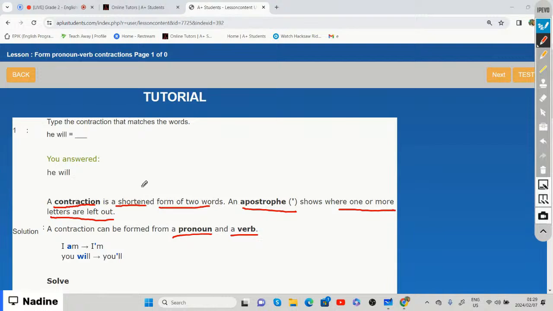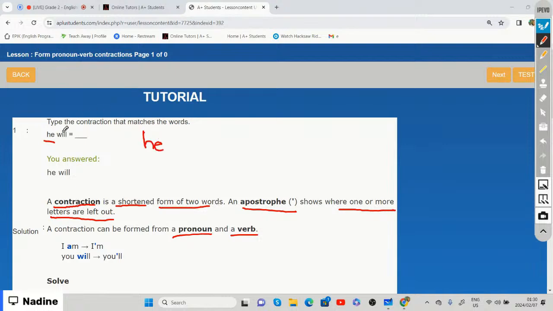All right. So now if we look at this, it says type the contraction that matches the words. So we're going to now type the contraction that matches the words. He will. So he will, remember we said that our pronoun stays the same, which is he.